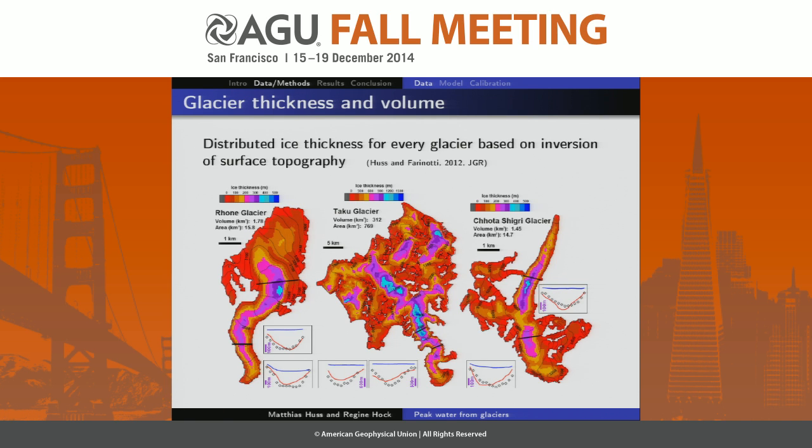Another very important input data to our model is the distributed ice thickness that we have recently derived by an inversion of surface topography for every individual glacier. So we know the thickness distribution for every glacier, and this makes the application of physically based models possible for each individual glacier in the world.